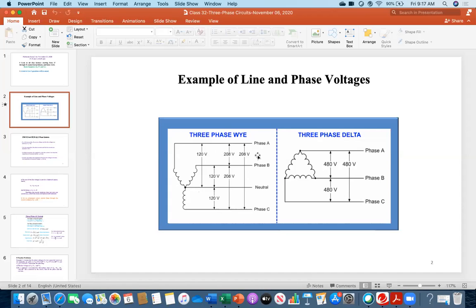But if you measure the voltage between phase A and phase B, it is 208 volt, which is root 3 times of this one. The same for any two phases, between phase B and phase C. This is called line to line voltage. So line to line voltage is root 3 times of any of the phase to neutral voltage.